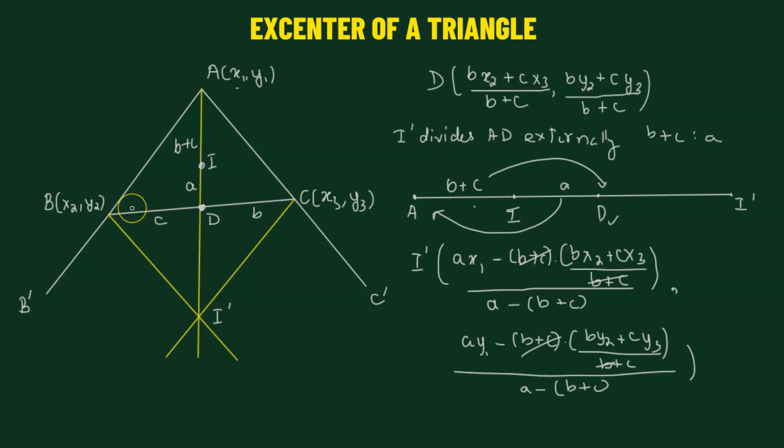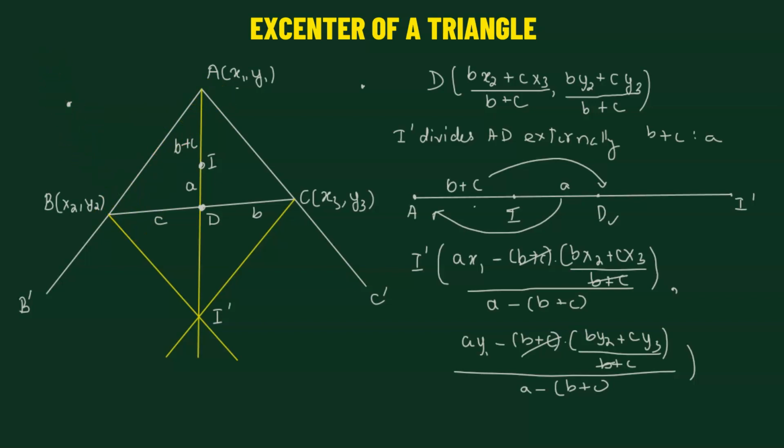So we will bisect angle B internally and the other two angles, angle A and angle C, externally, such that we get the excenter at a point which lies outside the triangle and in front of the side AC. Similarly, we can take the internal bisector of angle C and the external bisectors of angles A and B. That's going to give us the third excenter, which is going to lie away from AB.